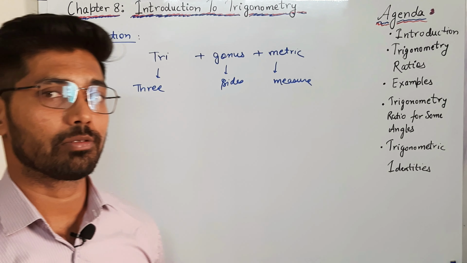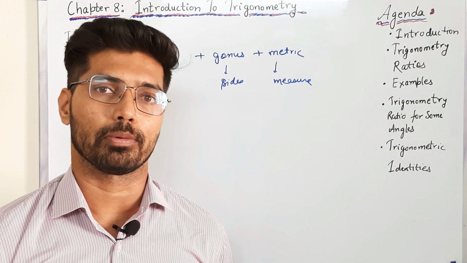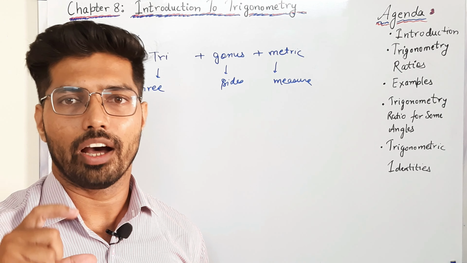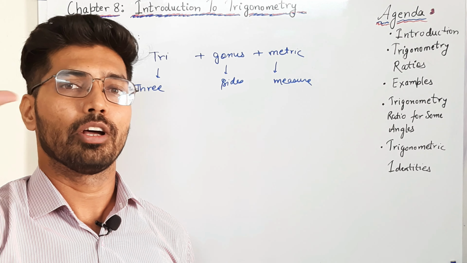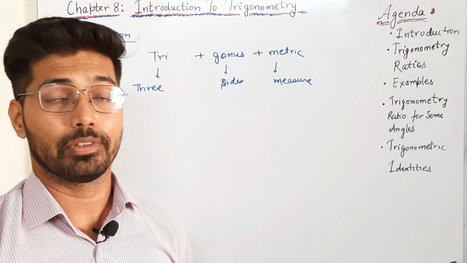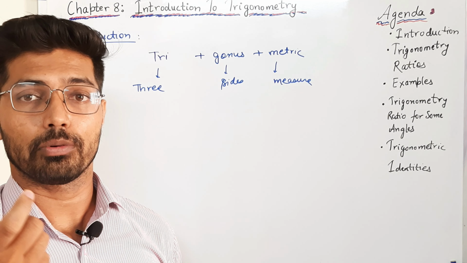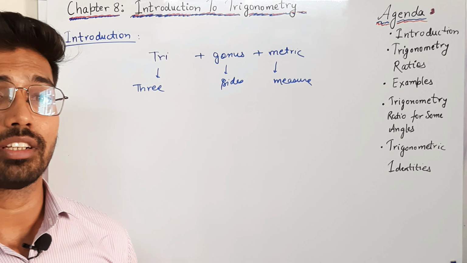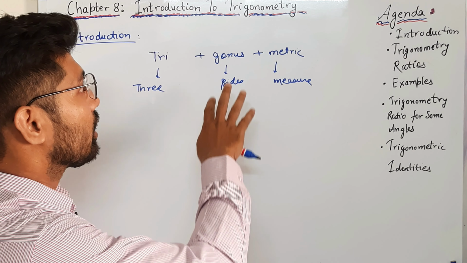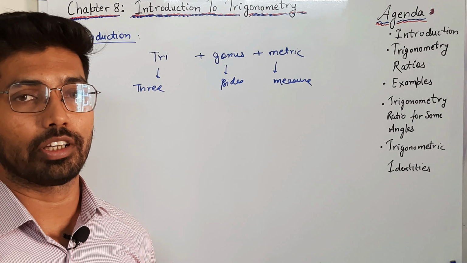Trigonometry helps very much in solving real world problems. For example, I need to find the height of the Qutub Minar, the height of a big tower. Maybe I need to find the distance of a planet or a star from the earth. Trigonometry is very helpful in calculating those distances.